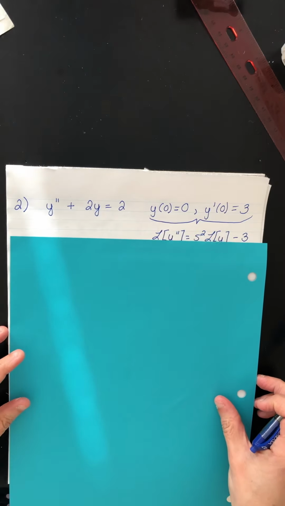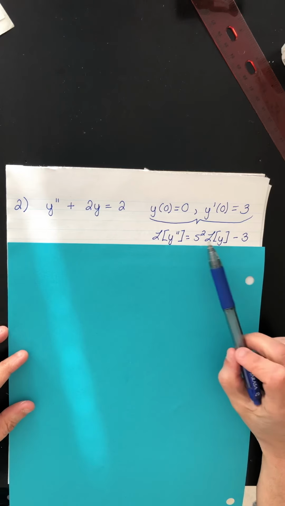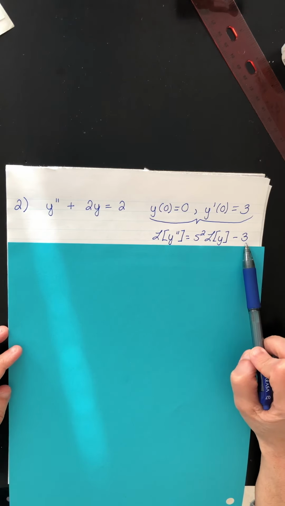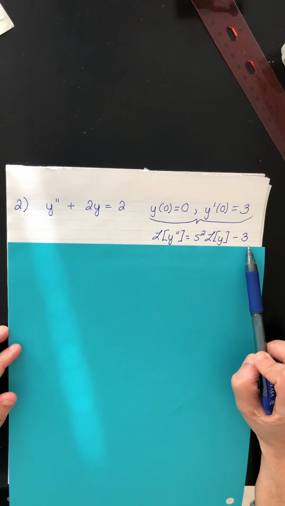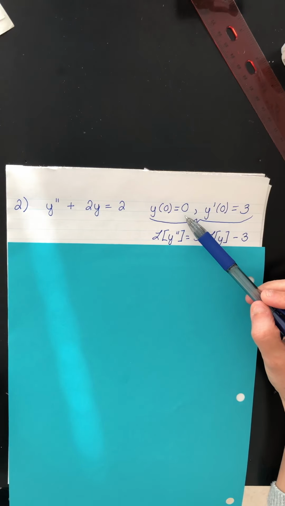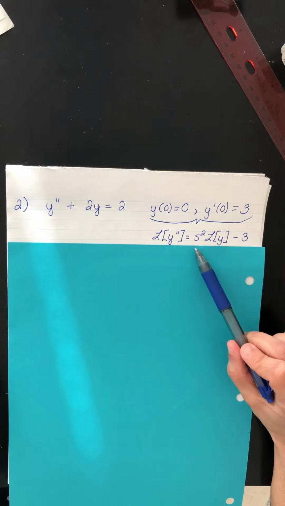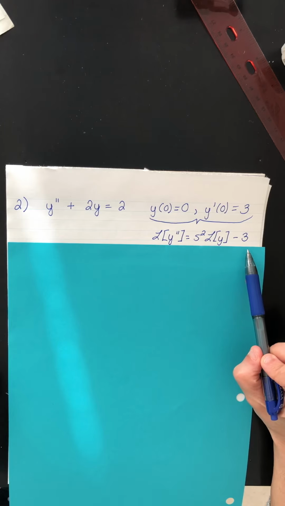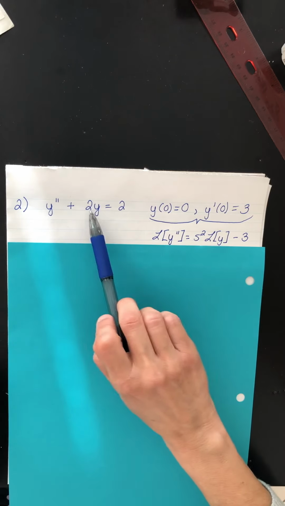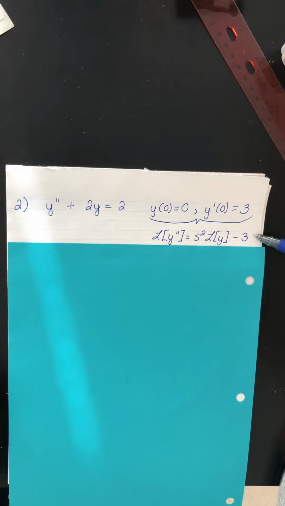And in doing so, we will get simply s squared L of y minus 3. And of course, that's a result of y of 0 being 0, so the middle term is not present in this formula. We actually will not be transforming y prime, so we'll only be needing this one formula.